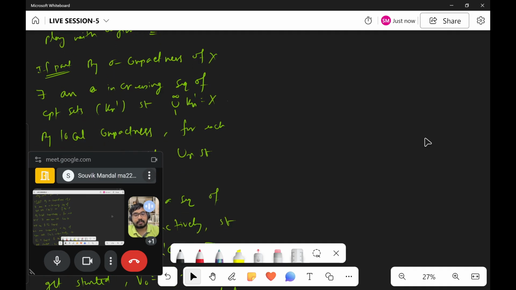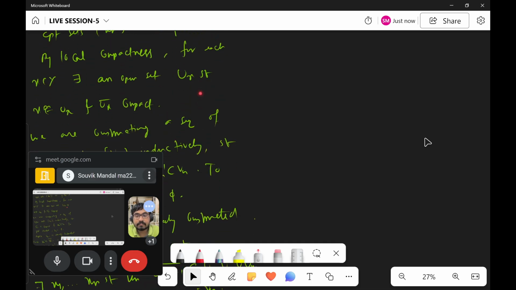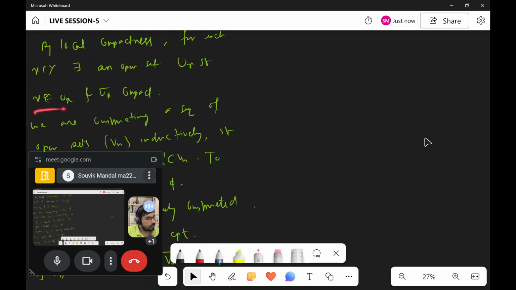So the if part, how does this go? Sigma compactness of X implies there is an increasing sequence of compact sets Kn prime such that the union of Kn prime is equal to X. By local compactness, for each x belonging to X there is an open set Ux such that x belongs to Ux and the closure of Ux is compact.